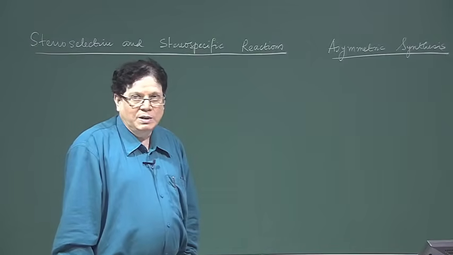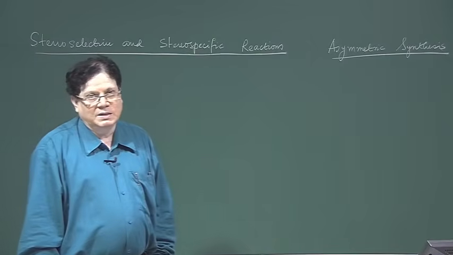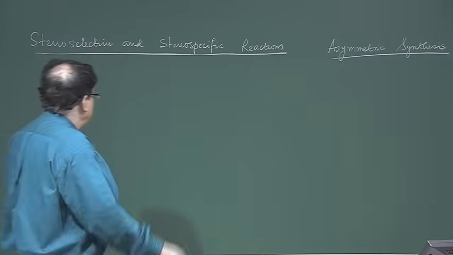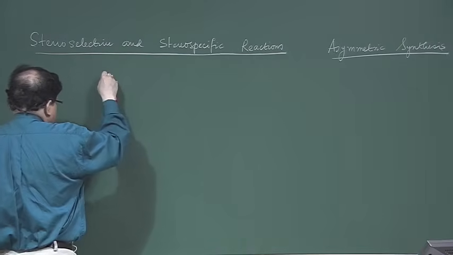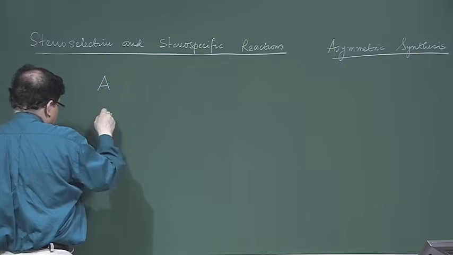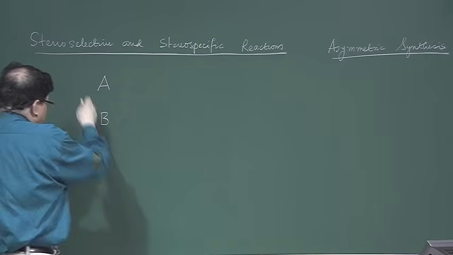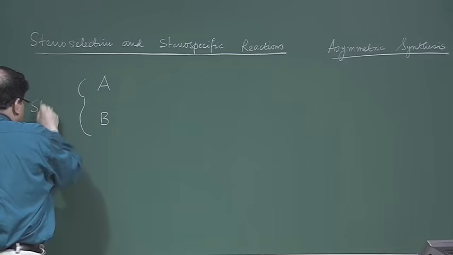Along with that, we will also discuss the asymmetric synthesis. Now, suppose you have two compounds, two isomers A and B, these are stereoisomers.